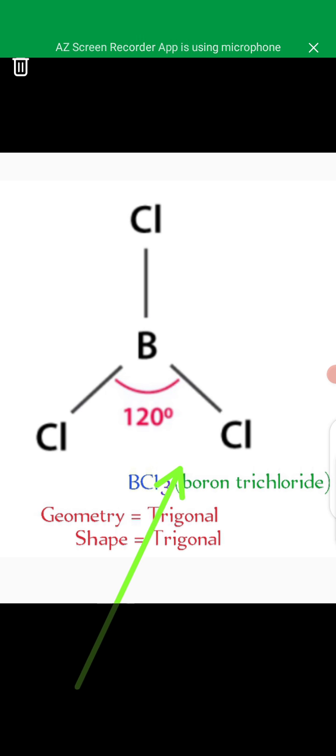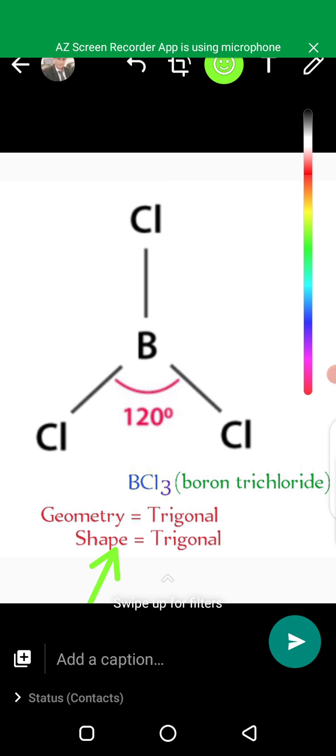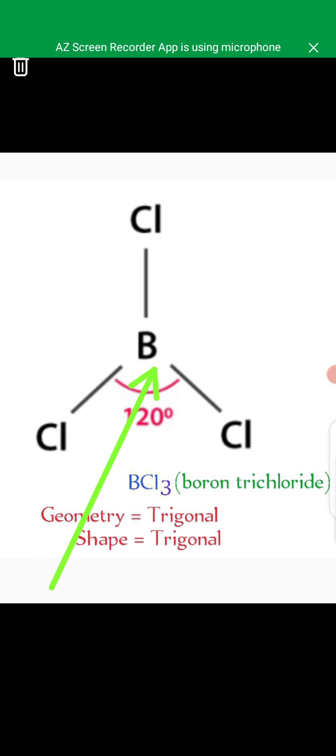And here, look, boron trichloride has trigonal geometry and the shape is trigonal as well. So both shape and geometry are similar. This is a very important point you should keep in mind: when lone pairs of electrons are absent on the central atom, the geometry and shape of the molecule will be the same.